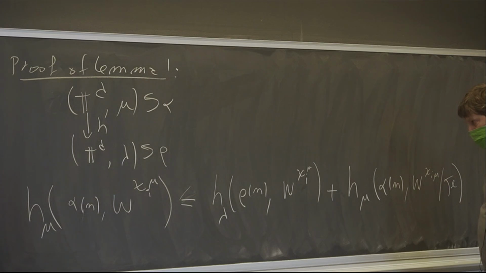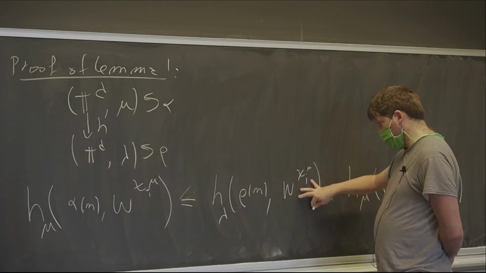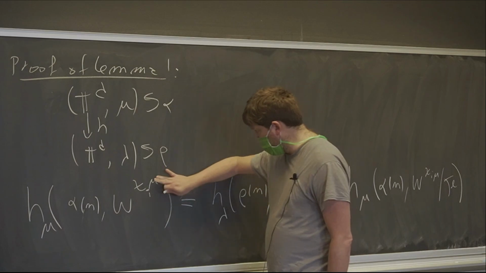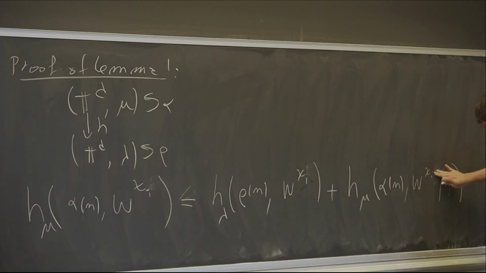Now let's do the argument. I want to claim that this guy is non-trivial. Actually, I need the other inequality as well. So actually I want this, but for these chi_i's, which is pretty much the same.